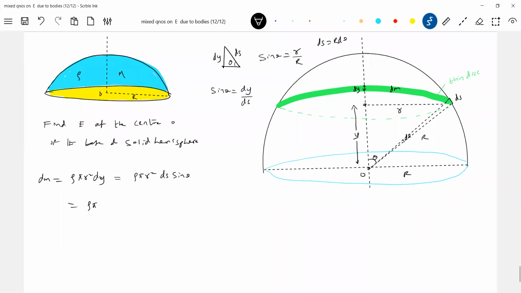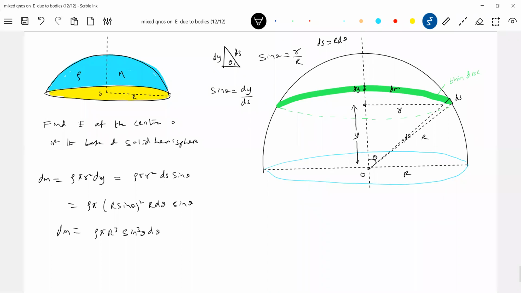This small r we can write as R sine theta, whole square. ds we can write as R d theta. And let this be sine theta. So rho pi R cube sine cube theta d theta. This is the mass dm.